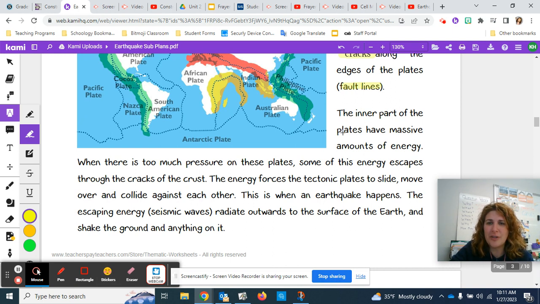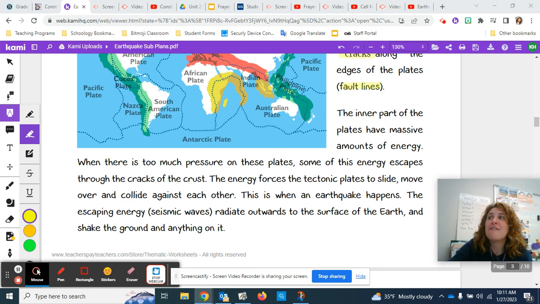The inner part of the plates have massive amounts of energy. When there is too much pressure on these plates, some of this energy escapes through the cracks of the crust.